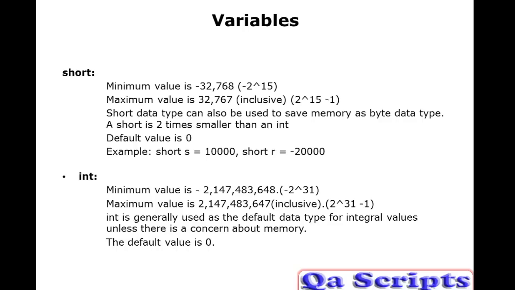Default value is 0. Example for this int data type variable: we have to use the keyword called int, followed by the variable name a, then you can assign integer numbers that fall in between the range of minimum and maximum values that I have explained in the above lines.